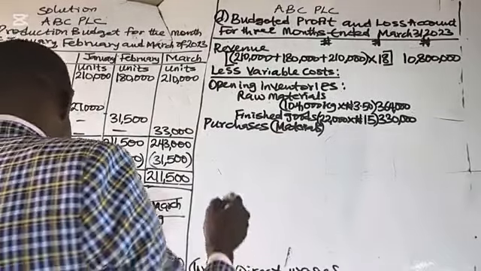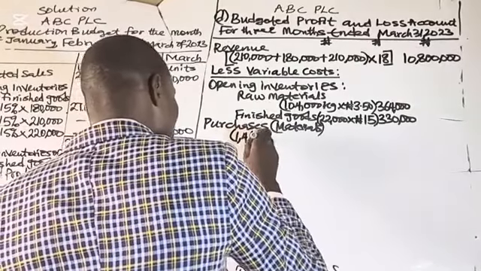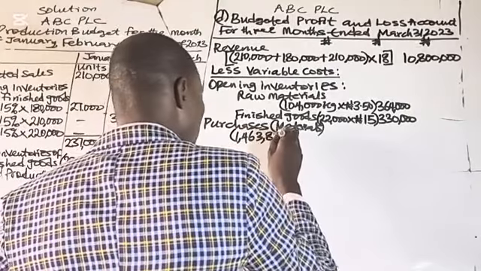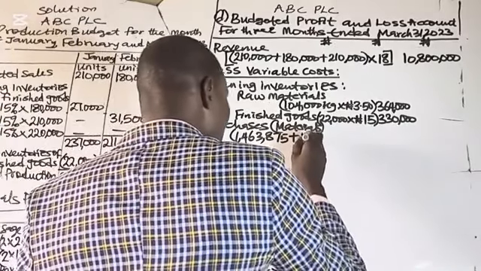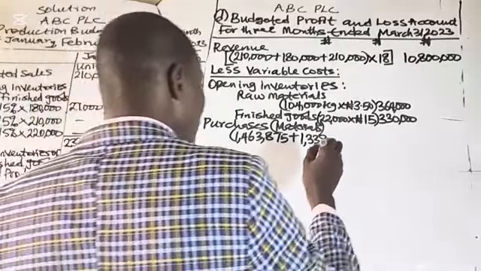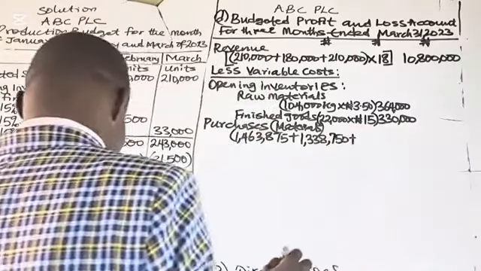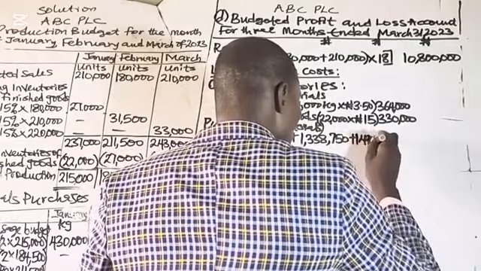So in the month of January, we have 1,463,875. In February, 1,338,750. In March, 1,490,125.